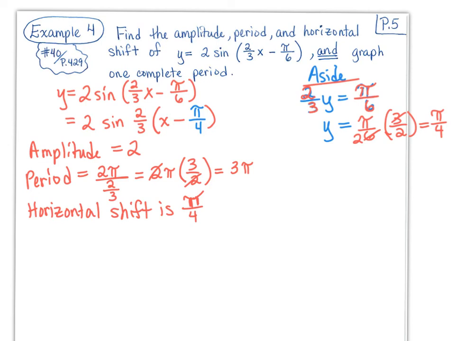Remember, we find out what's happening horizontally by what's on the inside. To the right by pi over 4. This tells us stretch sine by 2. This says move it to the right pi over 4. Good, both of you.